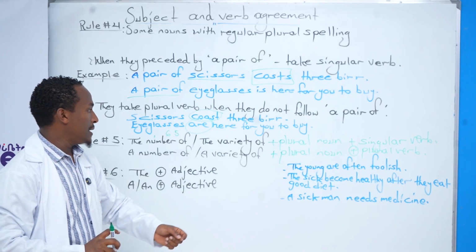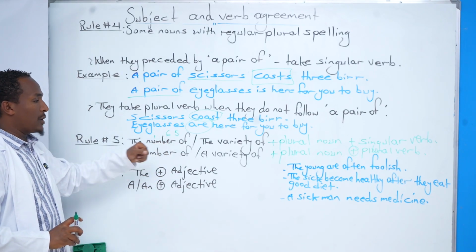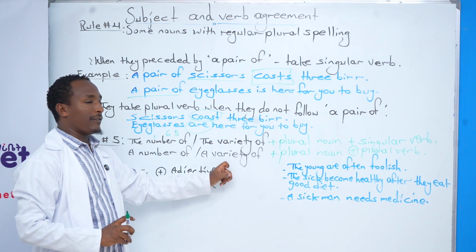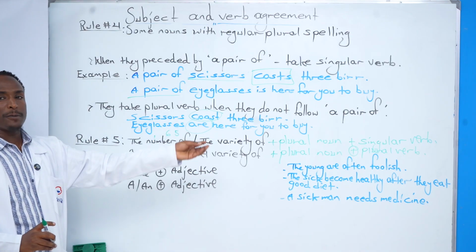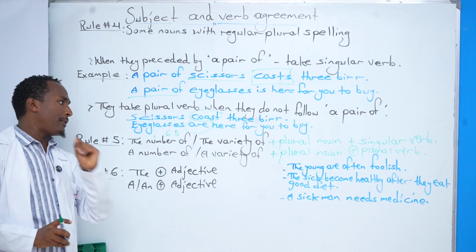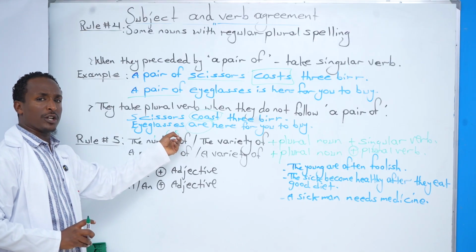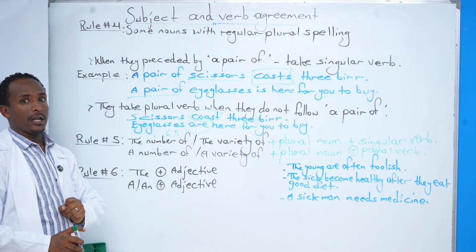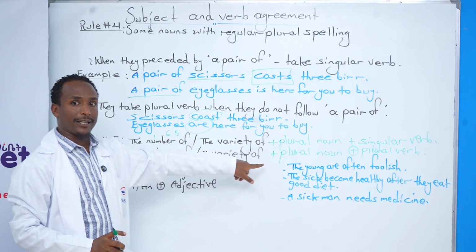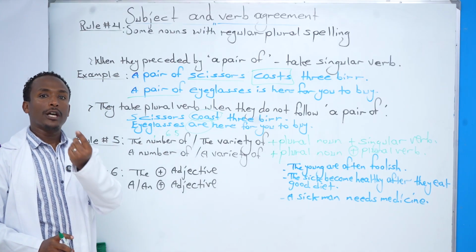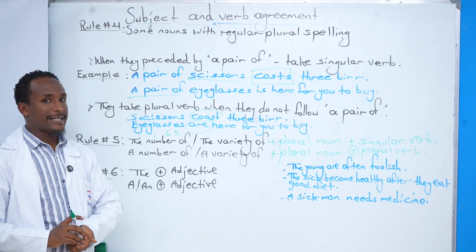So the difference between the number of and a number of, the variety of and a variety of is this: when we use the number of and the variety of with plural nouns, you are talking about the magnitude, the measurement, the number, okay, not the individuals. When we talk about a number of and a variety of, you are talking about each and every participant.